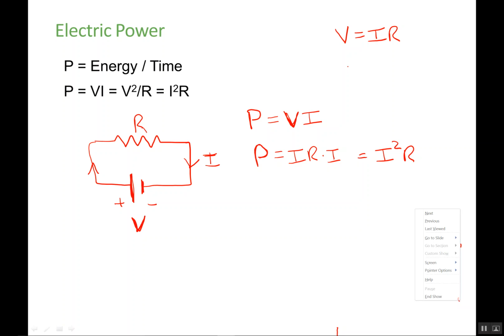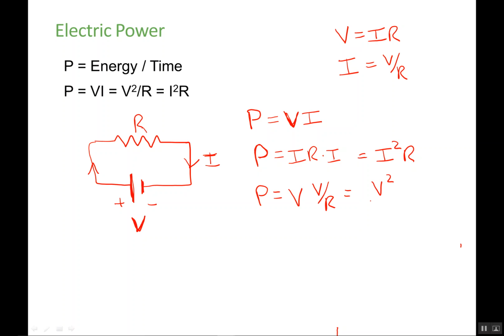Alternatively, V equals I times R, so I equals V divided by R. And you can plug that in here, in which case you get power equals V squared over R. So if you don't know how much current flows through a resistor, but you know how much voltage it uses, square that voltage, divide by the resistance of the resistor, and that also tells you how much power that resistor uses.